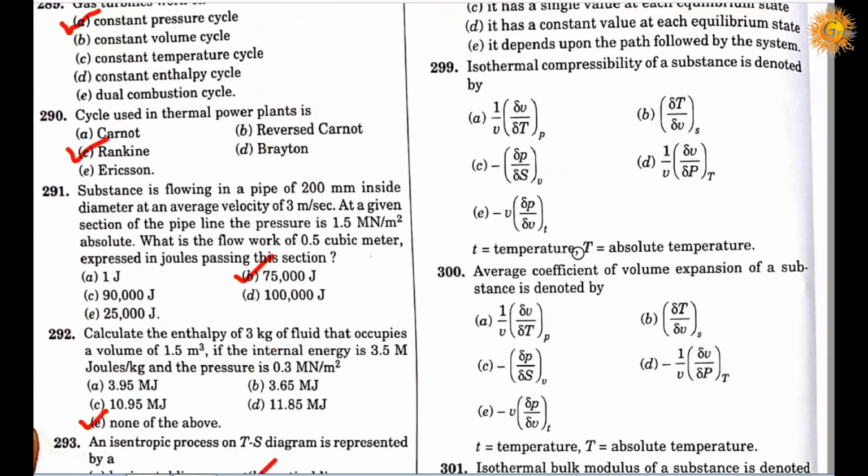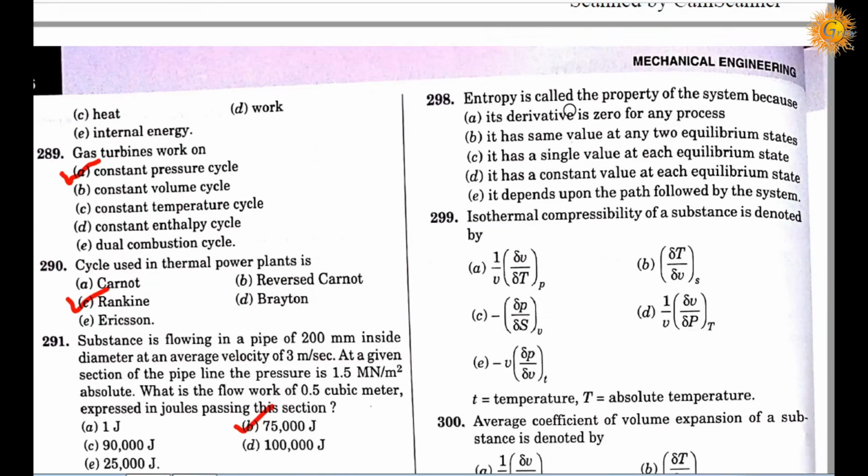Question number 298. Entropy is called the property of the system because: option A, its derivative is 0 for any process; option B, it has the same value at any two equilibrium states; option C, it has a single value at each equilibrium state; option D, it has a constant value at each equilibrium state; and option E, it depends upon the path followed by the system.